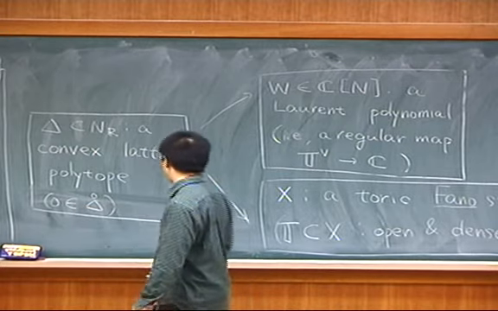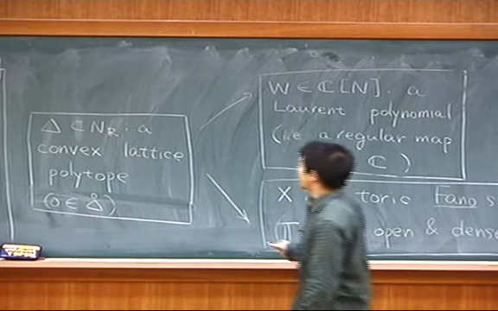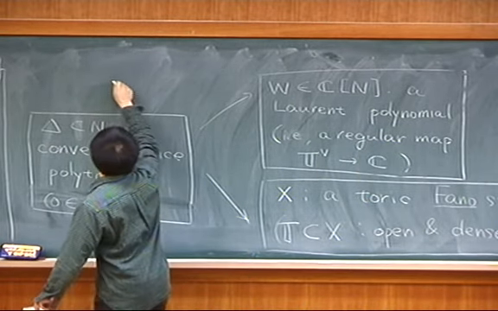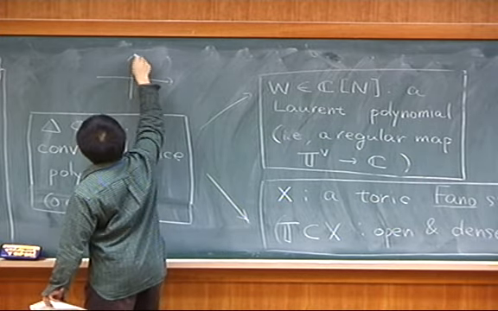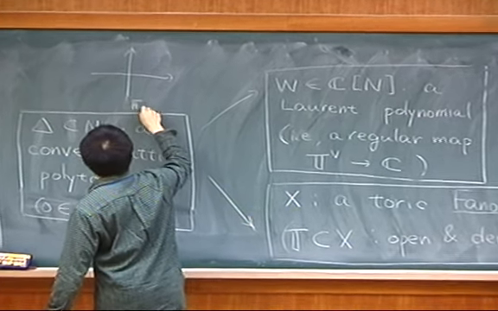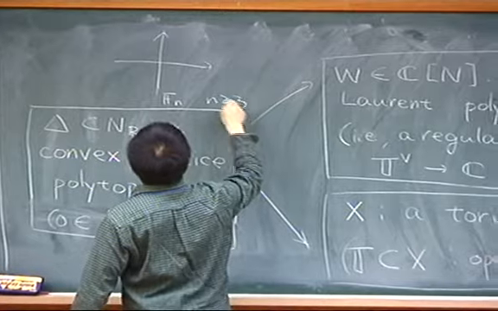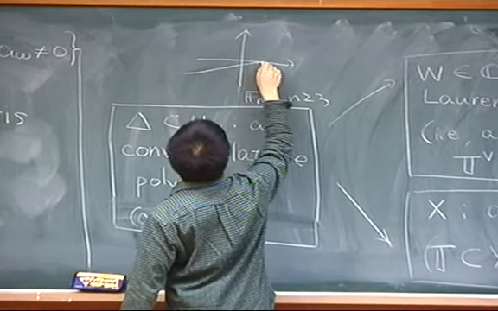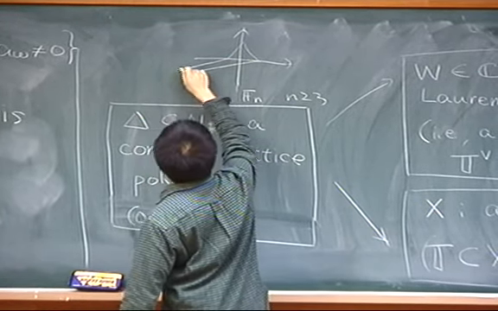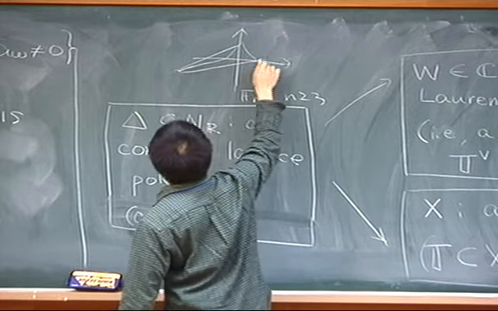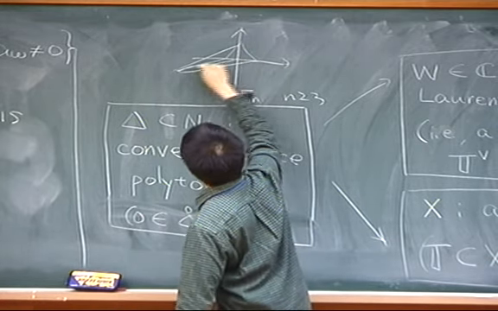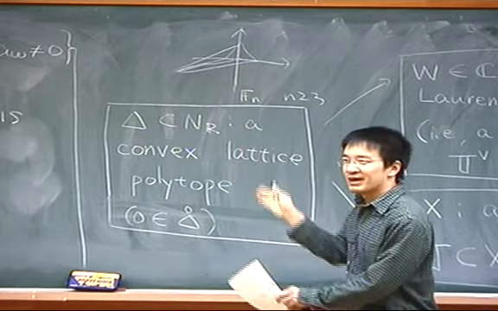And in the Hirzebruch surface case, if you have F_n for n bigger than 3, then the polytope is not convex. So if you take a convex hull, then you get some toric Fano stack, which is not a Hirzebruch surface.